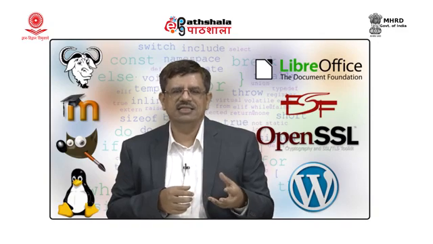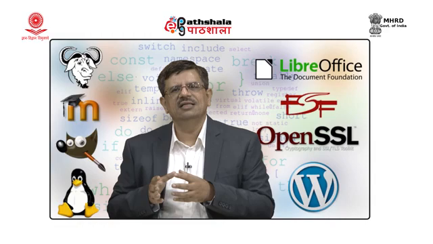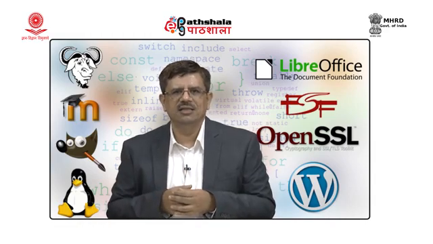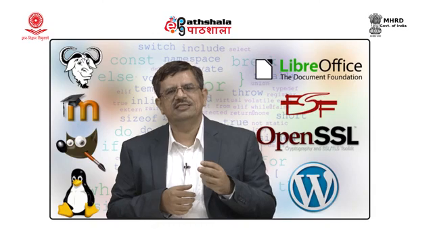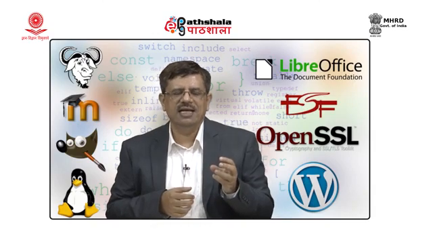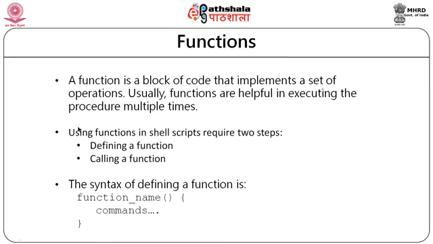Although functions are not used in shell script in wide variations, but still some basic functional requirements can be satisfied. So, let us see how functions can be created. First thing is, functions have to be declared and the functions have to be invoked. Over here we can see a function contains block of code.